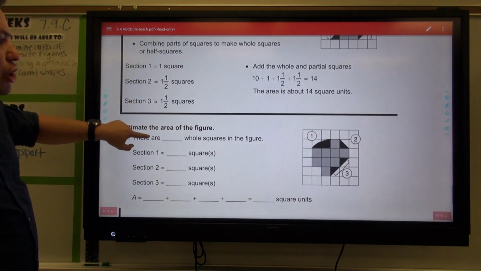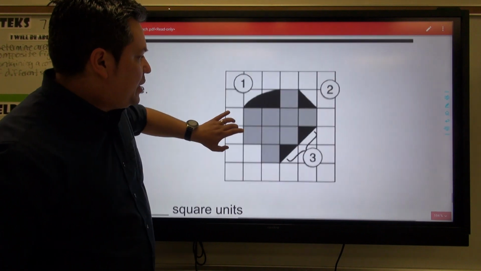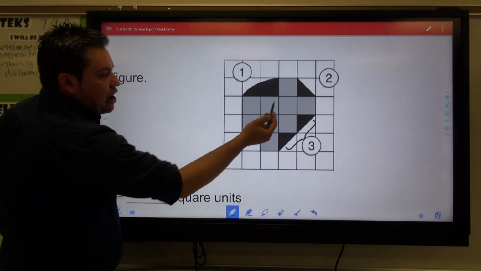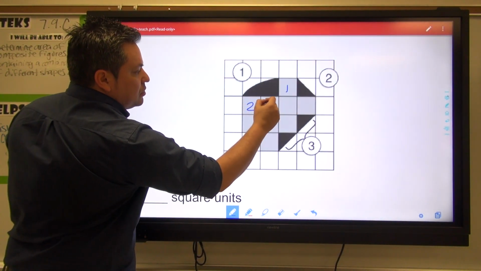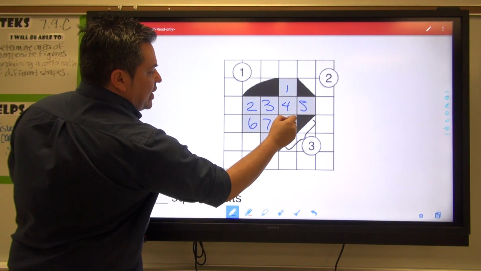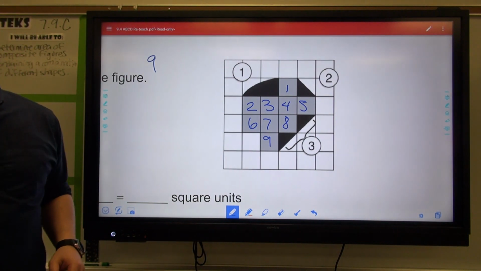Now, if I look at this shape right here, I have another example. I'm gonna zoom in right here. So, first of all, how many whole squares do I have? 1, 6, 7, 8, 9. So I'm gonna start with 9 whole squares.